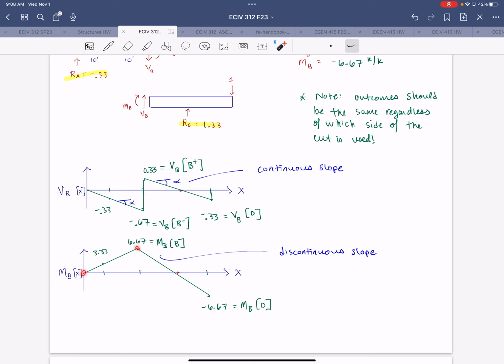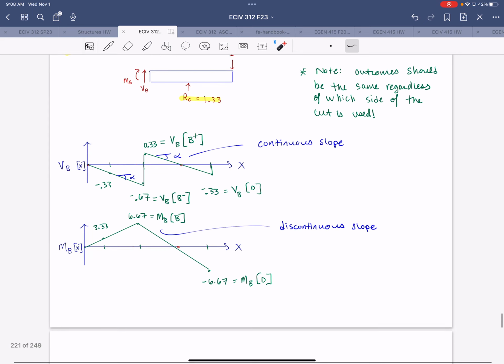But at every other location, in both of these influence lines, there's no change in slope at a specific point and no discontinuity in the value either, just at this location of interest for shear.